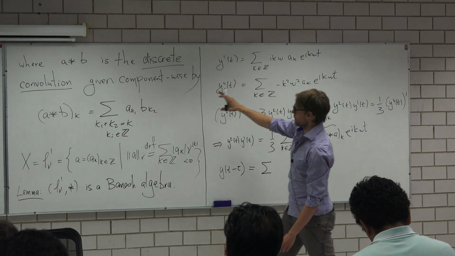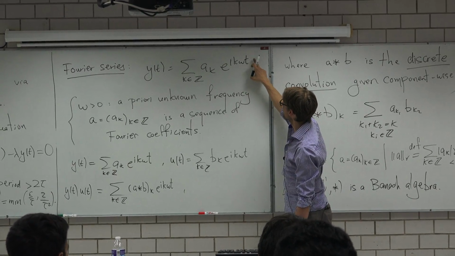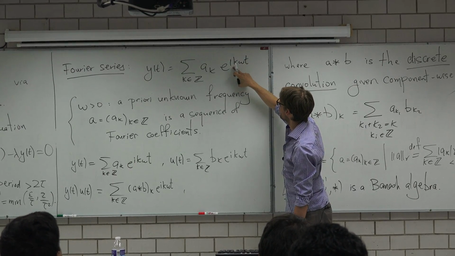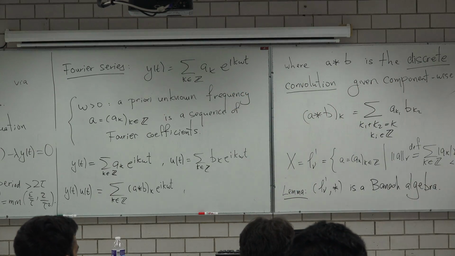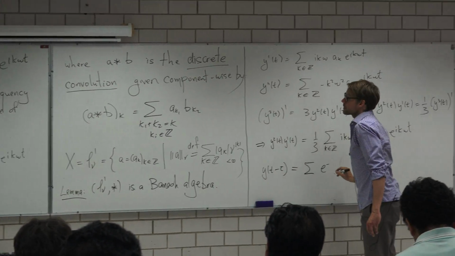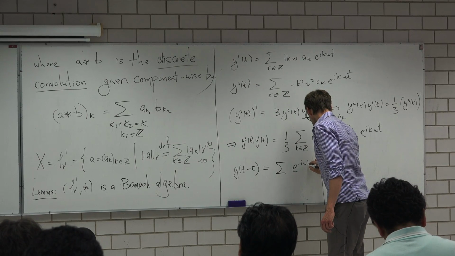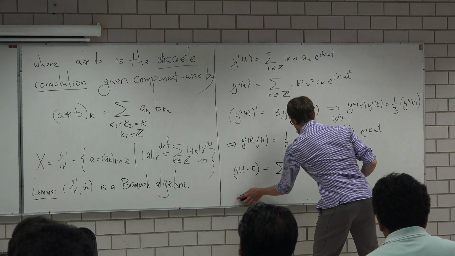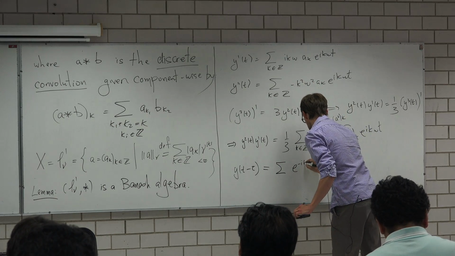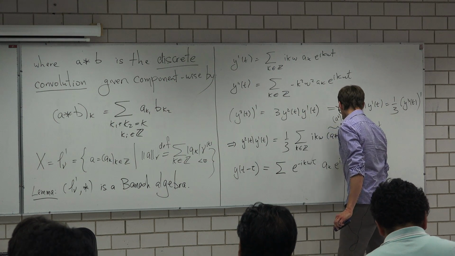Well, you just plug in t minus tau, so there will be an e to the minus ik omega tau appearing times a_k. So it's going to be e to the minus ik omega tau multiplied by a_k e to the ik omega t.